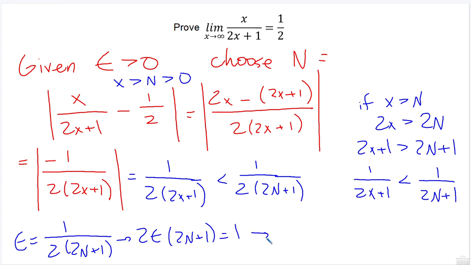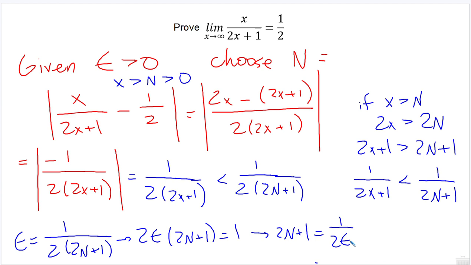Let's see here. This is kind of a mess. So we end up with, well, I'll just say 2n plus 1 is equal to, sorry, not 1 minus 2 epsilon, but 1 over 2 epsilon.